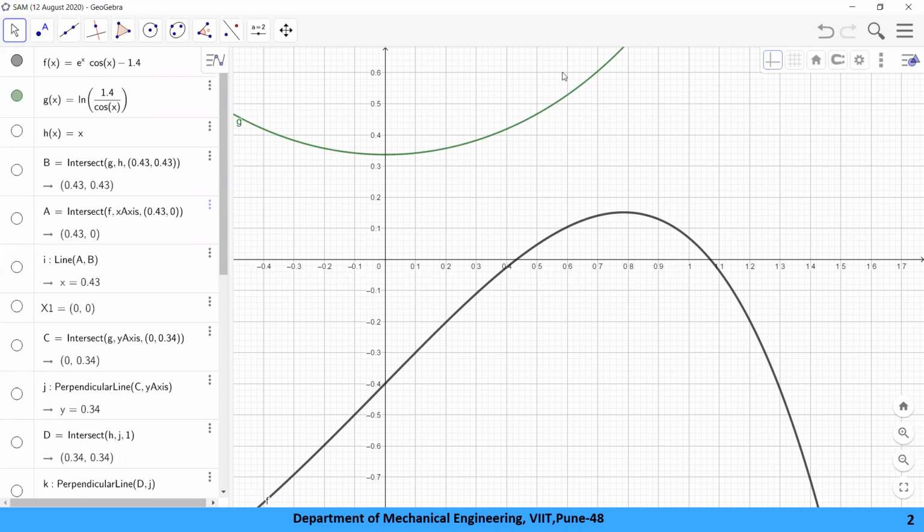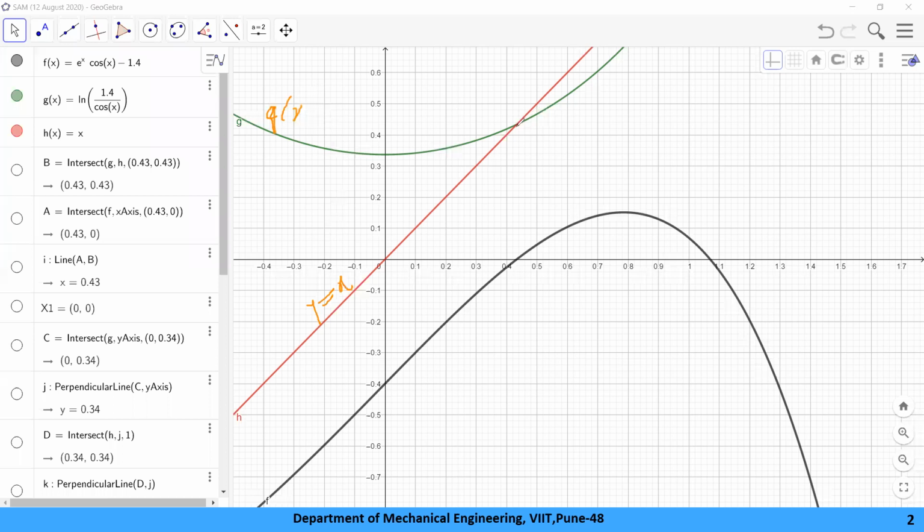Then we know that there is one more additional mandatory function which is y = x. That will be nothing but ऐसा एक 45 degree पे line, straight line plot कर लेते. Now if you observe, this line is your y = x, and this green one is your g(x).